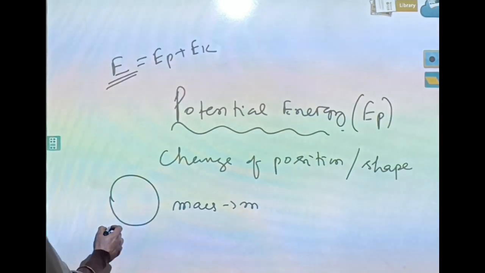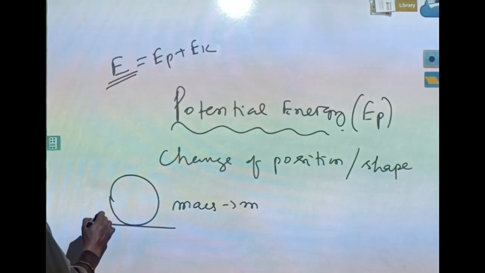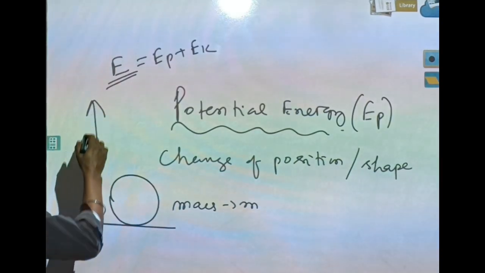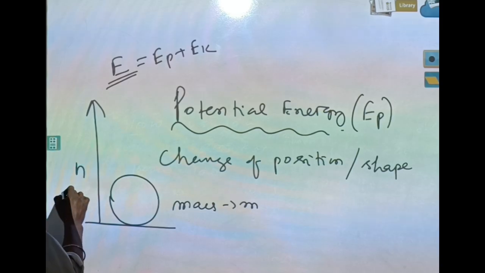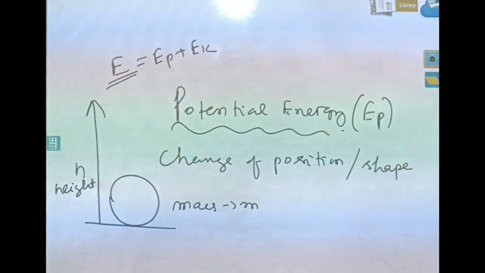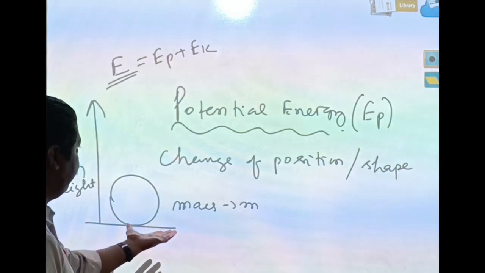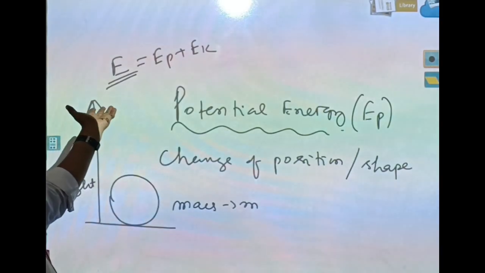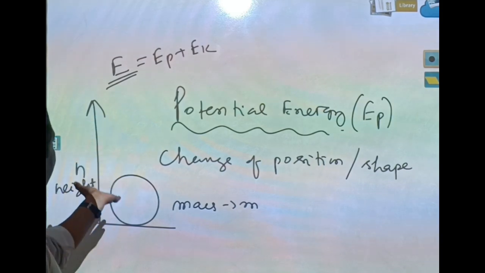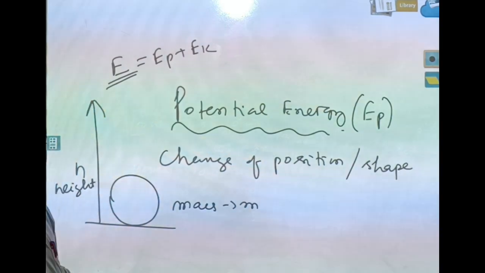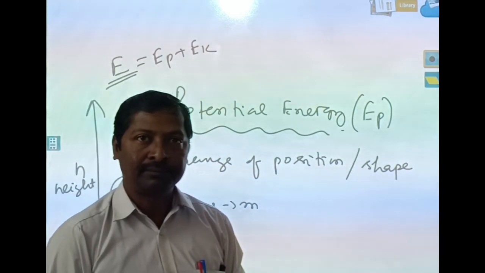I am lifting this object upward up to a certain height h. I am applying force to this object of mass m, and taking it to height h. So I am doing some work.